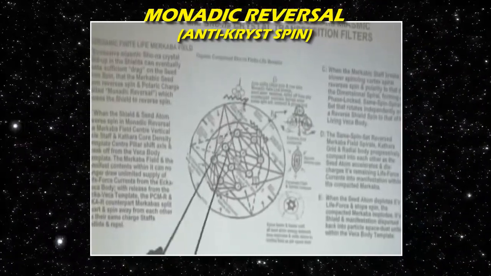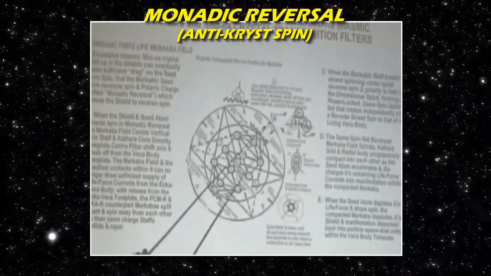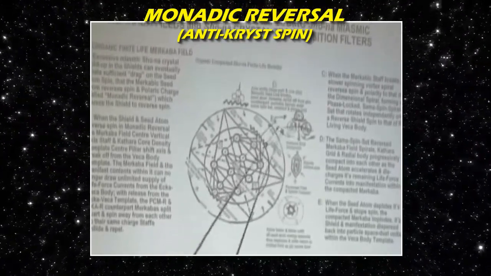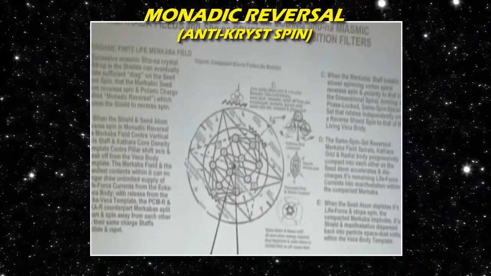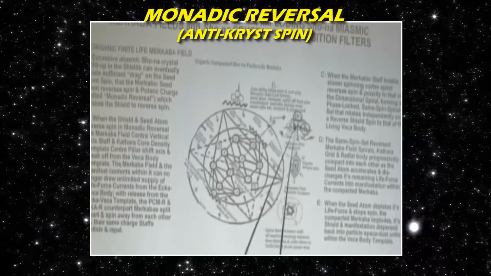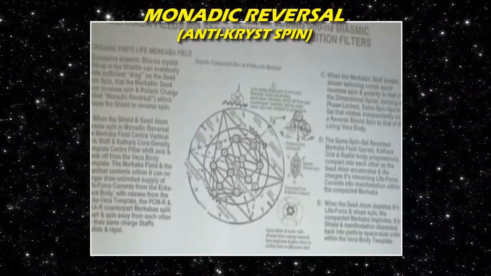It breaks and it rotates over to the side where it's not vertical anymore, and the spirals, the parallel one that it's connected to at the seed atom, the two of them split and rotate away from each other, so they both become kind of like free radicals.